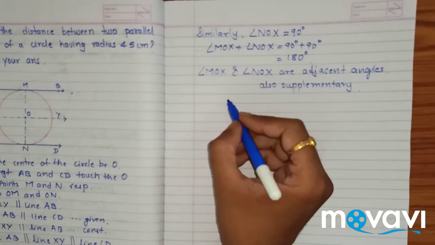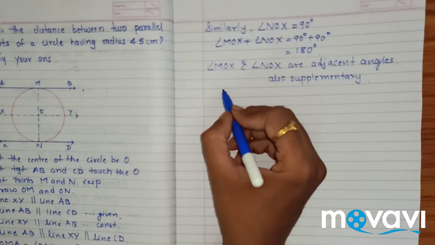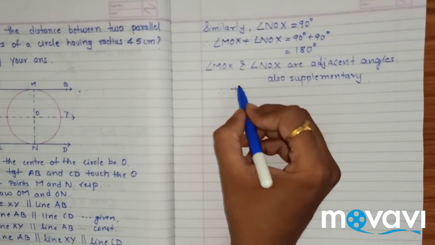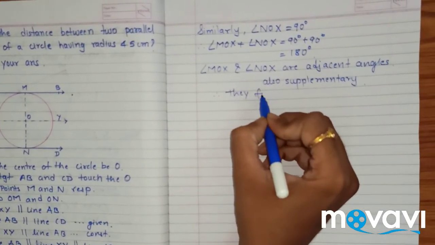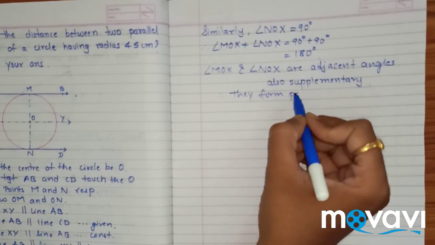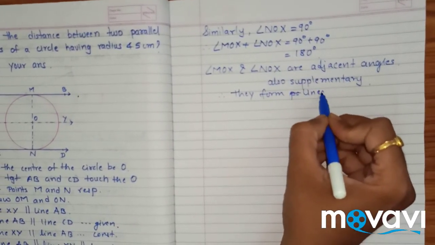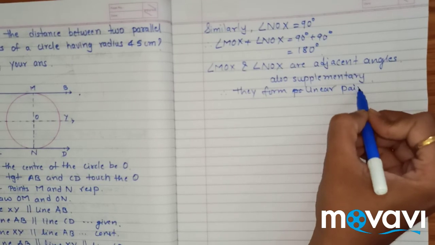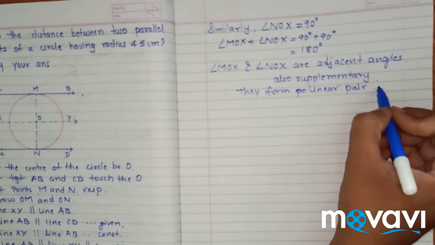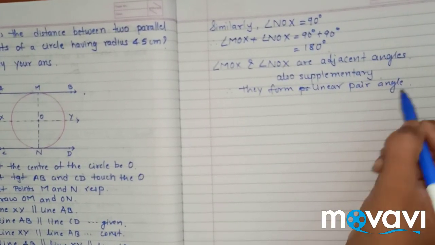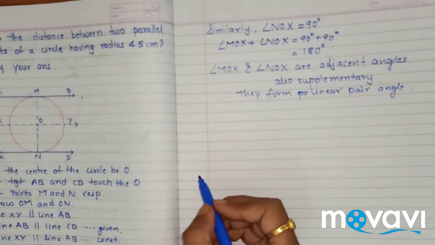Therefore they form a linear pair of angles. Linear pair means they both measure 180 degree, right?